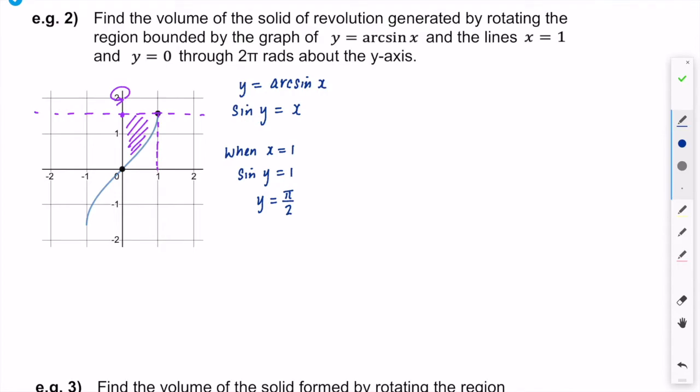Okay. Now, here is the work for calculating volume. So pi times the integral from 0 to pi over 2 of the square of this function, so sine squared y dy. Does this look familiar to you? Do we have a rule that will allow us to integrate the square of sine y?